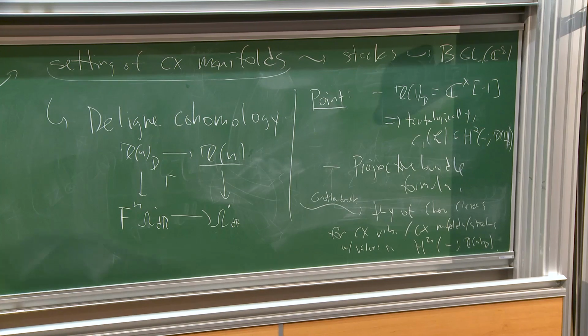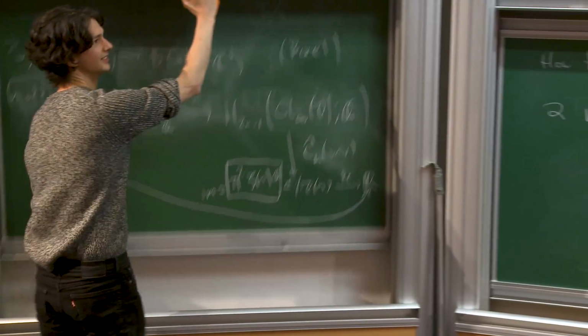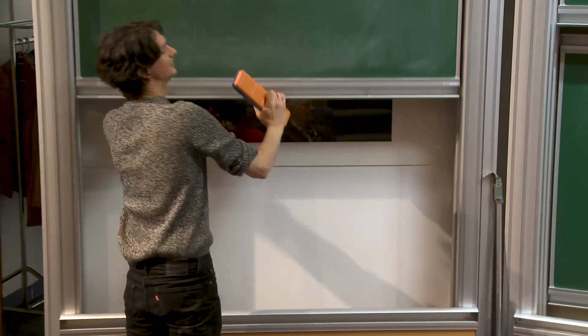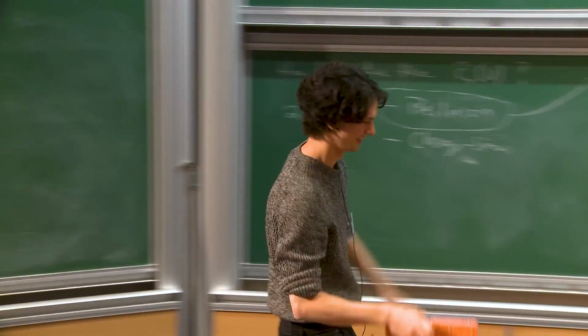Sorry, when you say complex vector bundle on complex manifolds, is that holomorphic? Yeah, I was using the wrong term, so thanks for the comment.